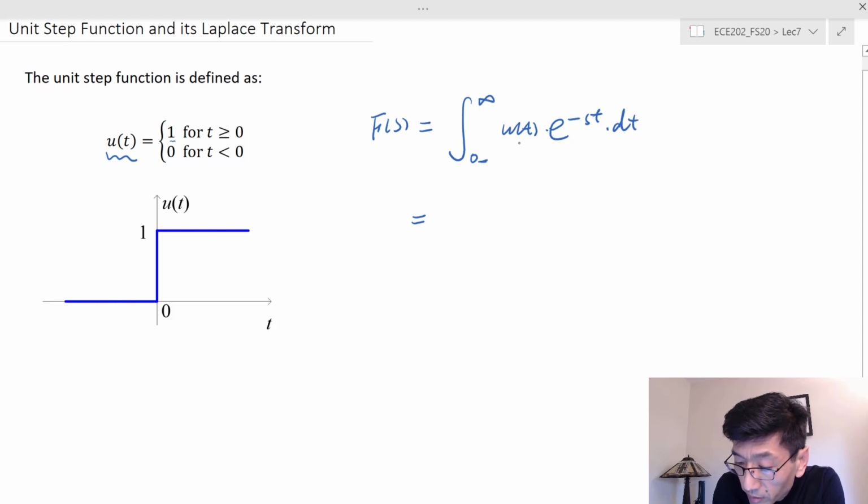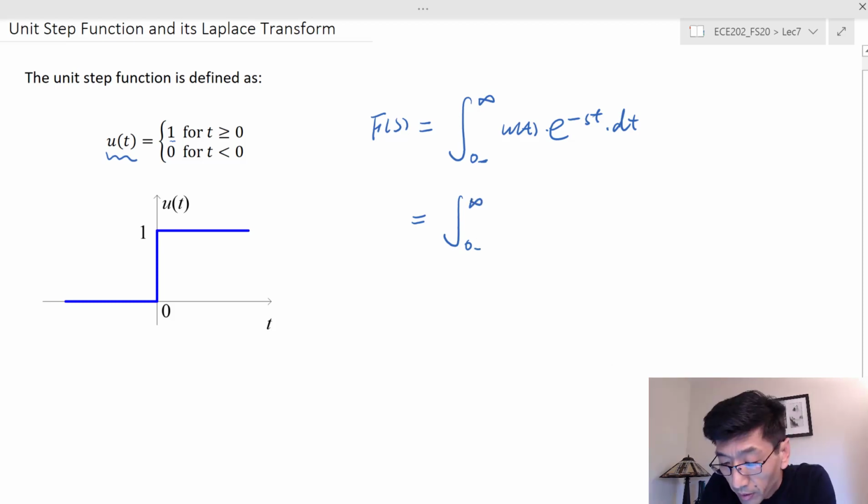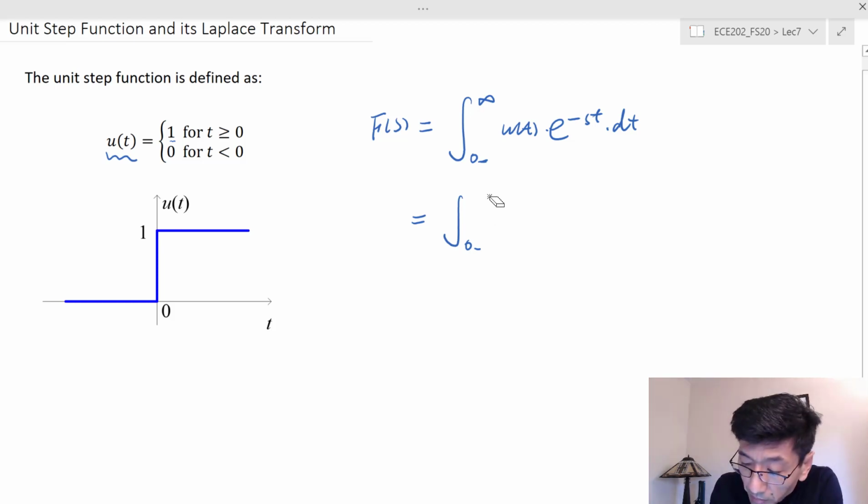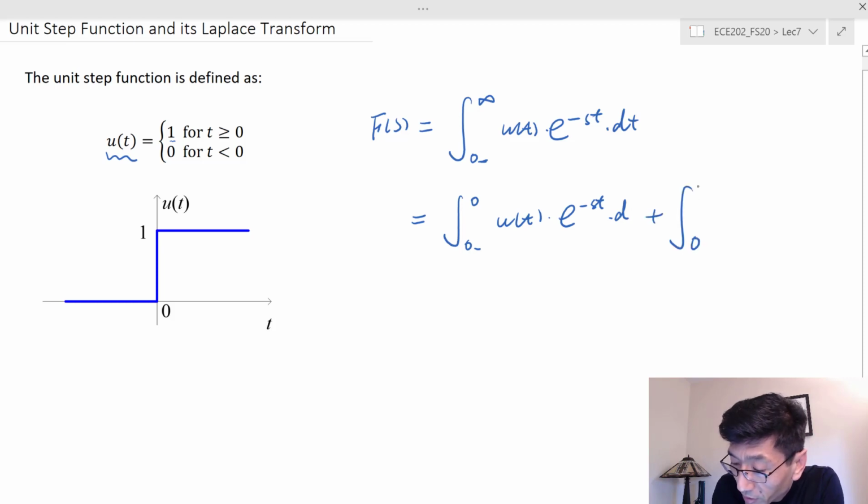Let's do it between 0 and greater than 0. We can go from 0 minus to infinity, actually we can go from 0 minus to 0 of u(t) e^(-st) dt plus 0 to infinity. So we can break this in two.